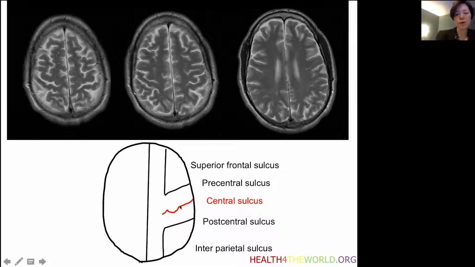So that's how you can see as a unit. You have to use the most superior portion of the slices. If you go down there, central sulcus can get very, very shallow. So if you look at this slice, for example, it's very hard to see which one is central sulcus. But if you go higher up, you see nicely, this is the central sulcus.